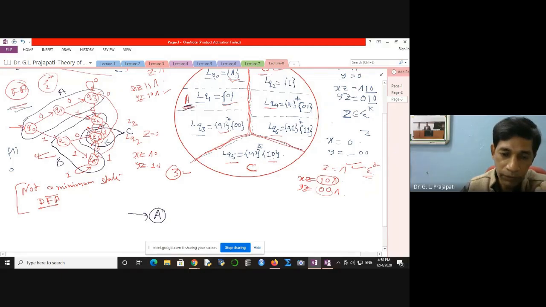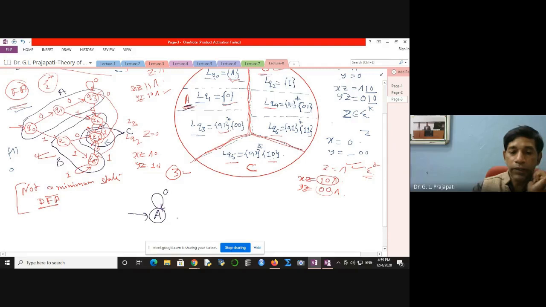If you are receiving 0 here, the 0 is in the same equivalence class. Actually you have the 0, so you have the q1. For 0 you are going to the q1, and since q1 and q0 you have merged, you remain in the same place.